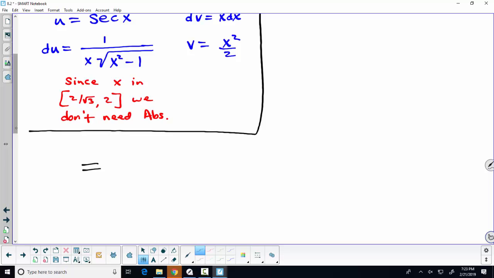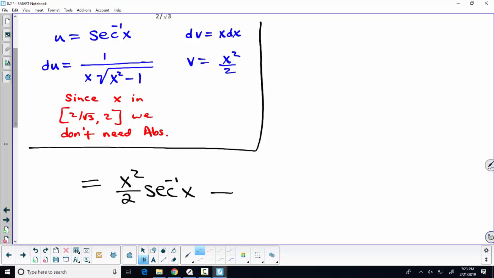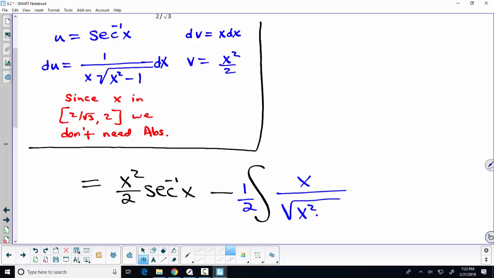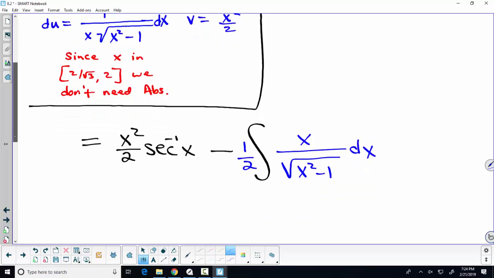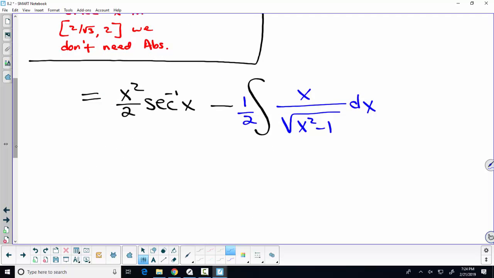The integral is equal to x squared over 2 times inverse secant of x minus the integral of v du. All antiderivatives, then we'll plug our bounds back in.